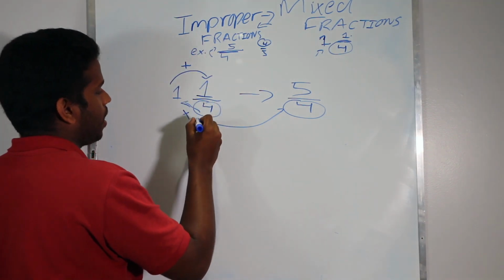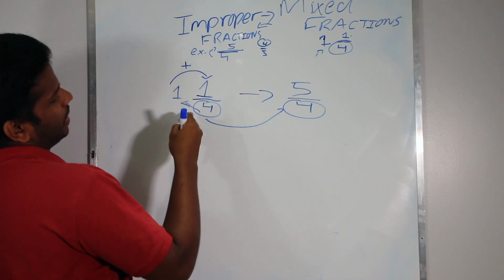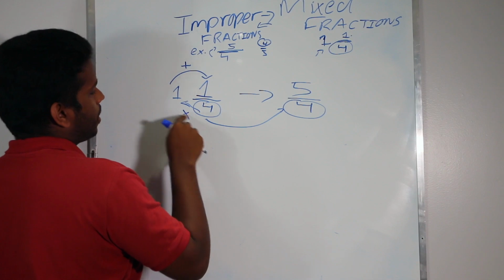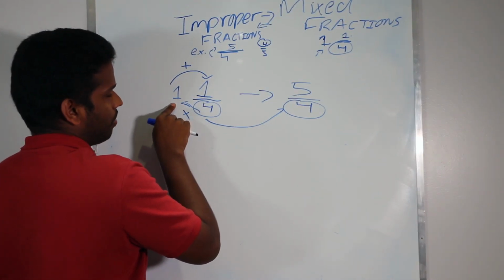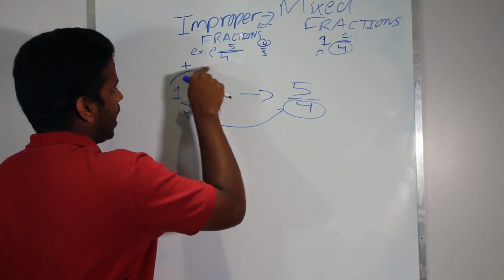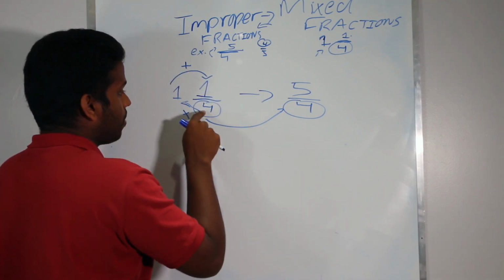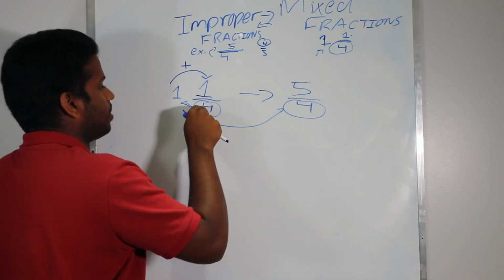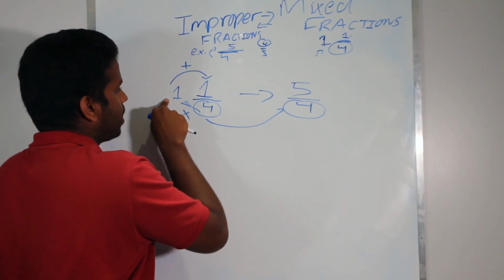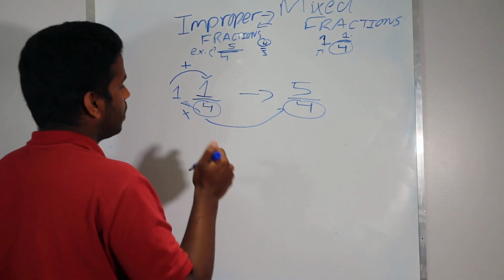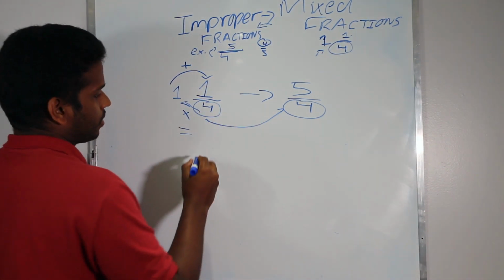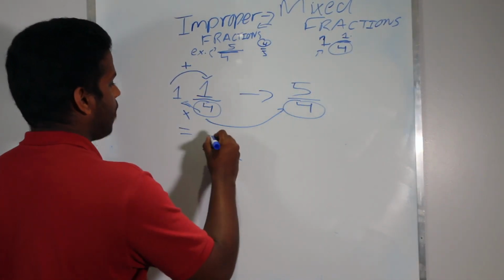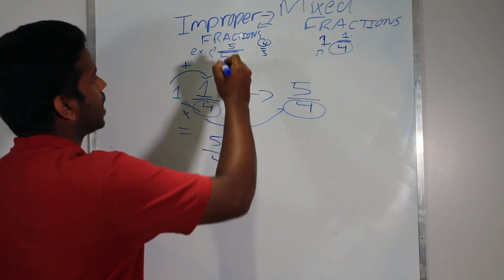Think of this cycle: you multiply your denominator by the whole number in the mixed fraction, then you take that number and add. The denominator still remains the same, so you take that number 4, multiply it by 1, then add 1. That gives you a new numerator, and then numerator over denominator. So 4 times 1 is 4, 4 plus 1 is 5. So 5 over 4, and that is what we had earlier.